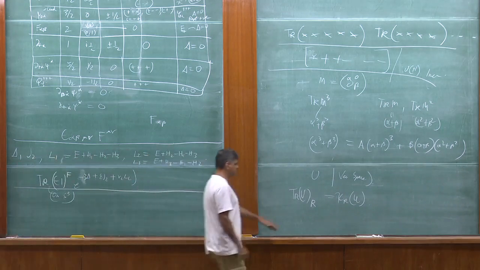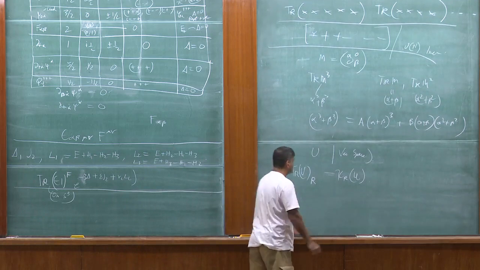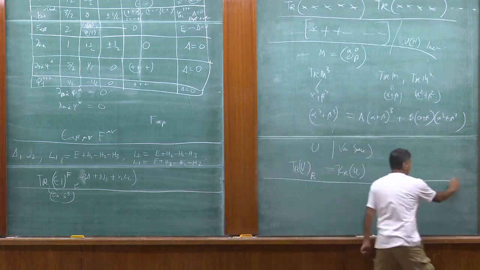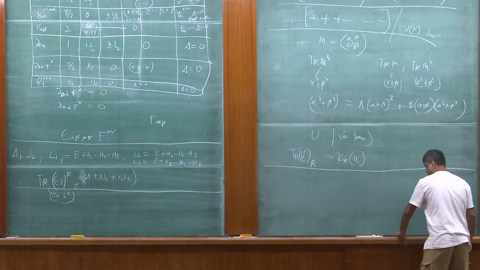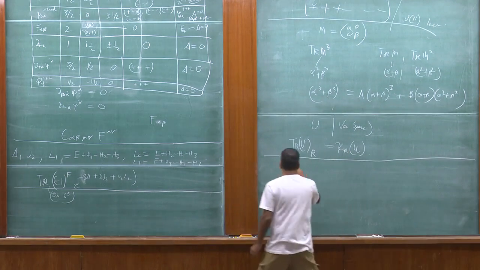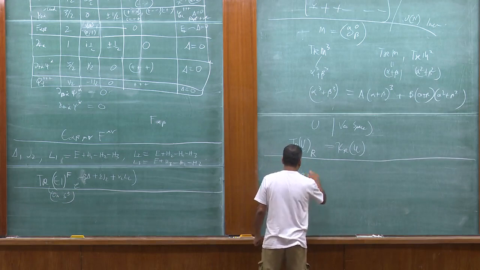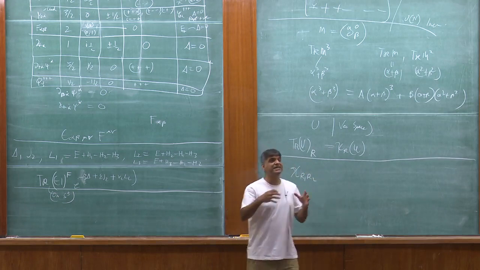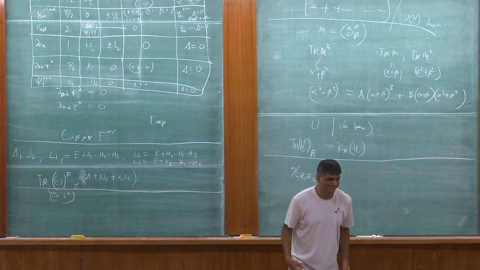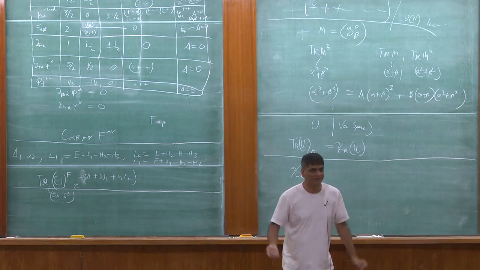It's useful because this chi R of U satisfies the following two key properties. Property one: suppose I look at the tensor product space of R1 and R2.